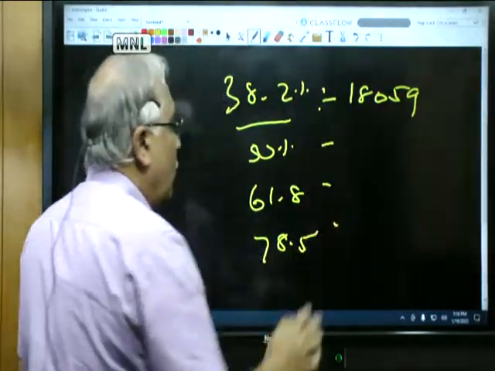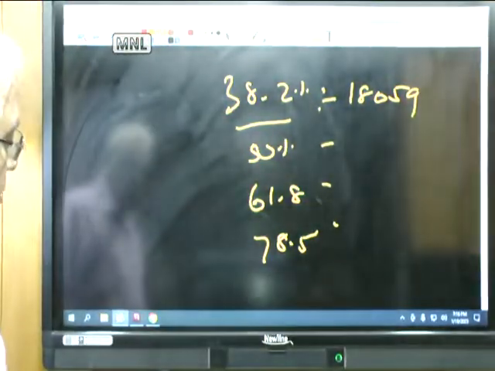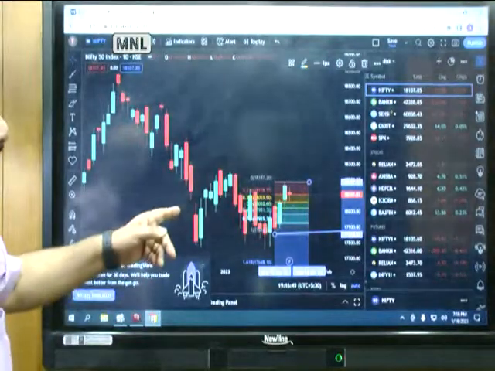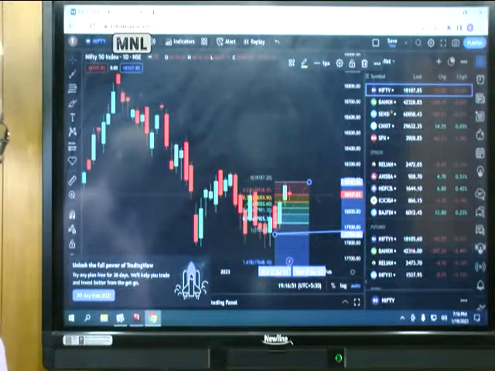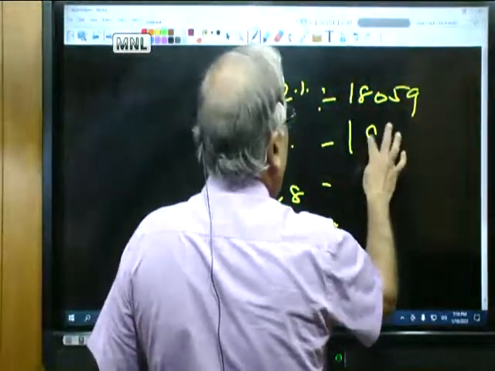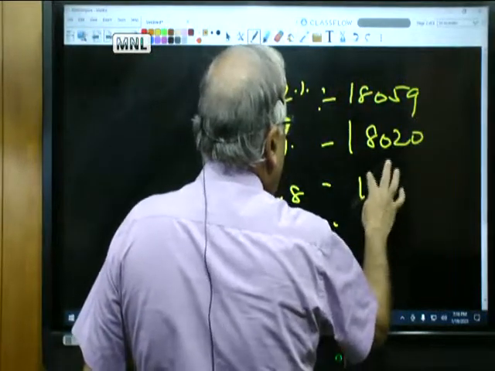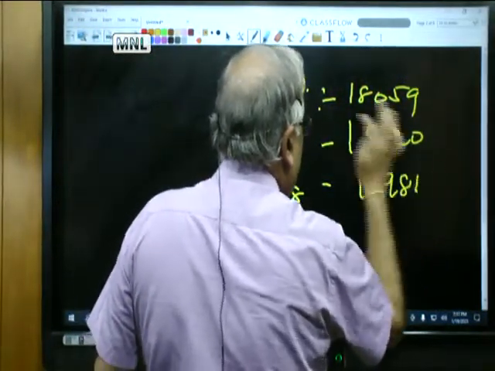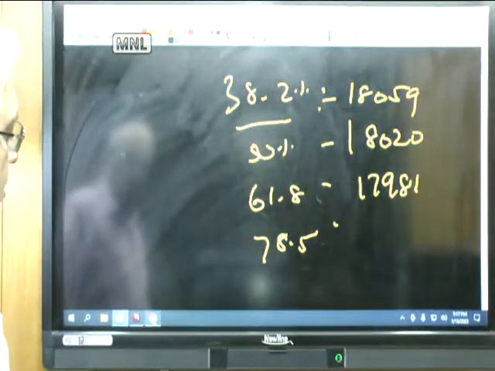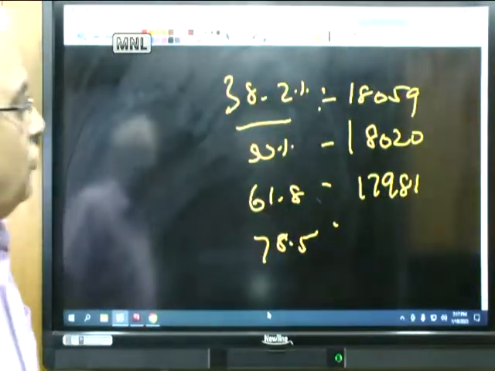The 50% level is 18,020, then 17,981, and the 78.5% retracement is 17,925.